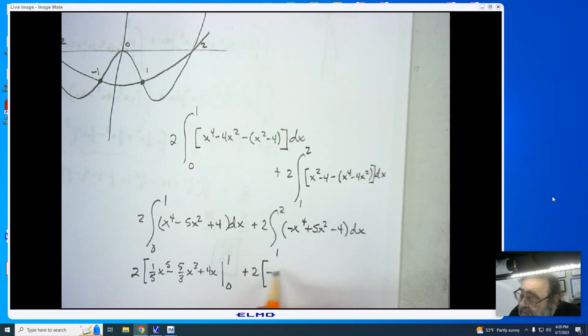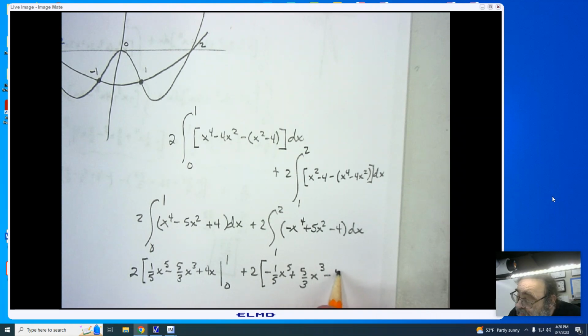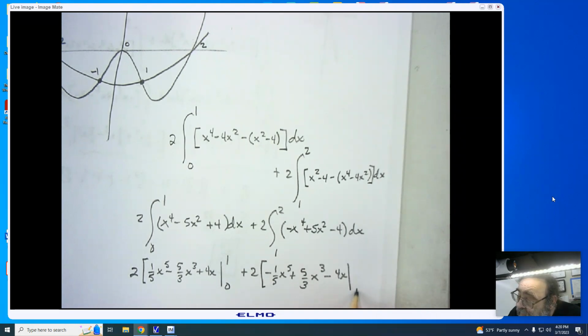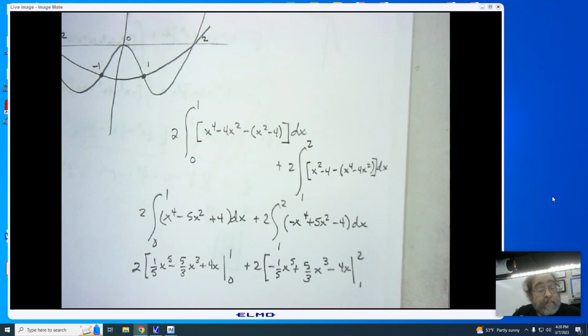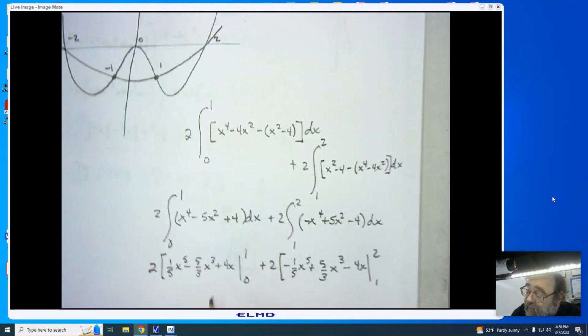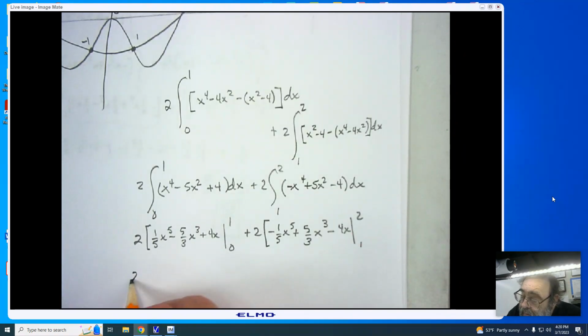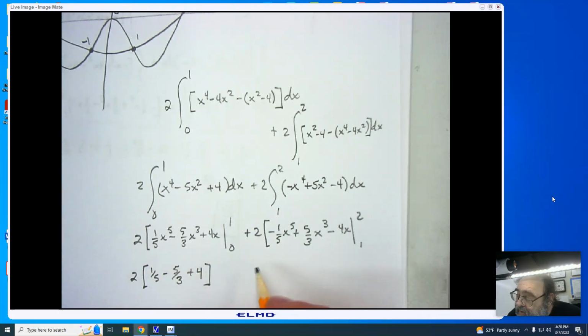Now we have the opposite: negative 1/5 x to the 5th, minus 5/3, so double negative, plus 5/3 x to the 3rd, and then I have minus 4x, and we're going from 1 to 2. Now as we put this in, we're going to get 2 of our 1/5 minus 5/3 plus 4. That's from the 1. The 0 causes it to go away.